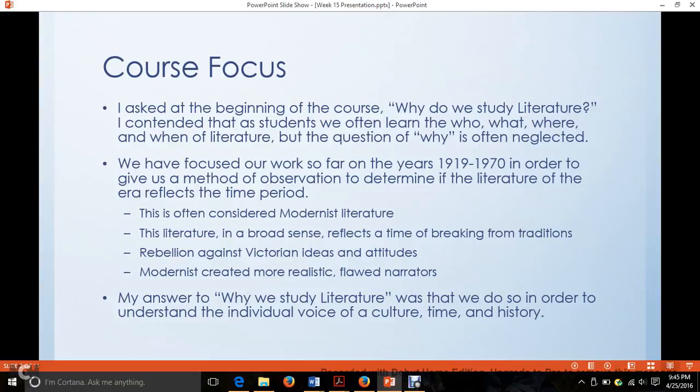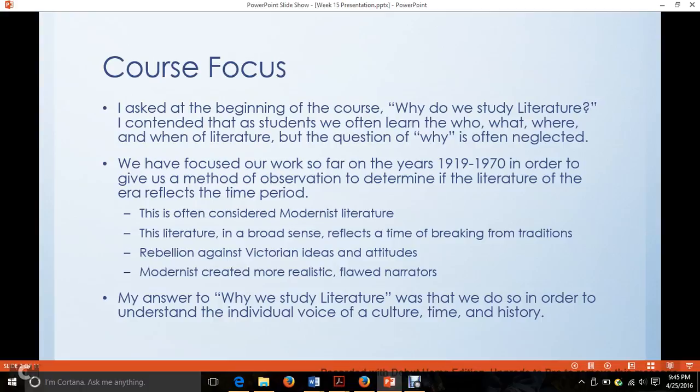So, who are the writers? What did they write? Where did they write? When did they write it? But we don't necessarily always ask the question, why? So either why did they write it, or why do we even study it? So what is the purpose? Why do we go at this thing called literature?